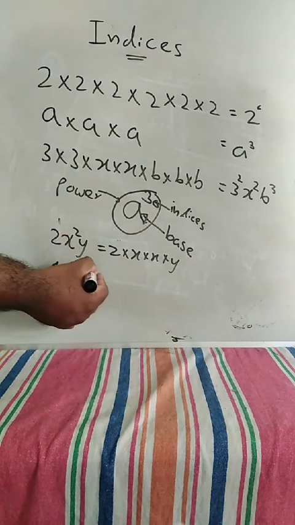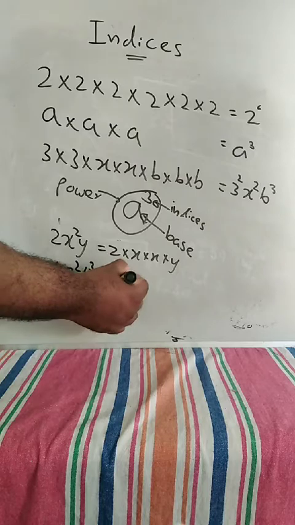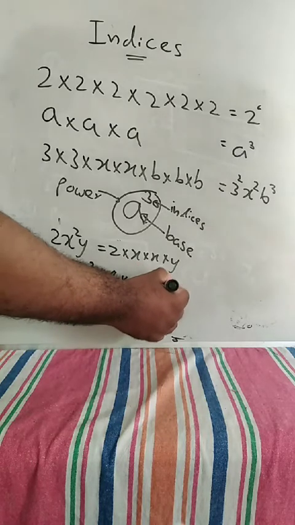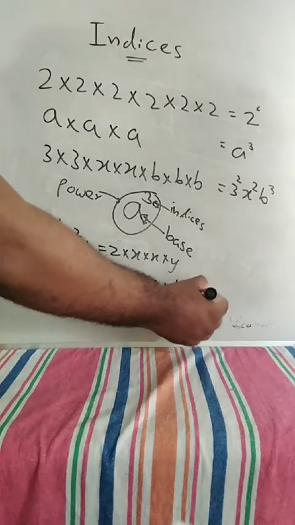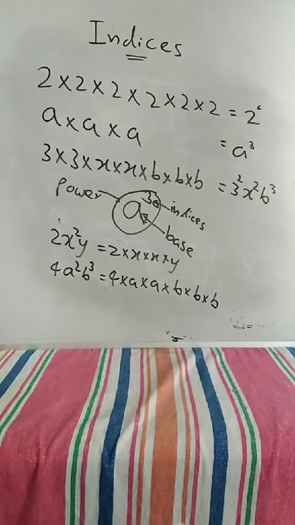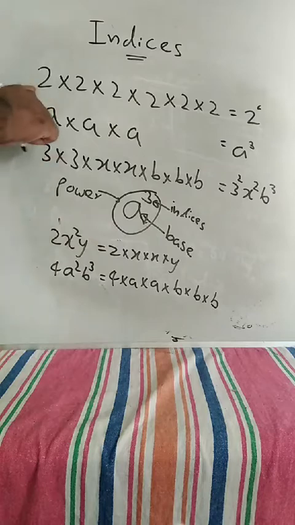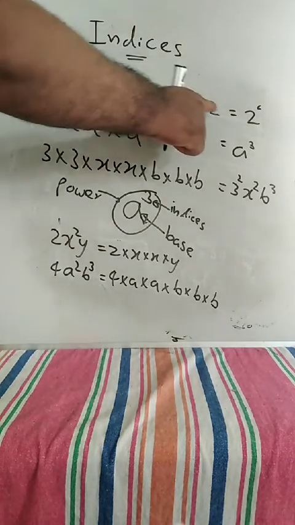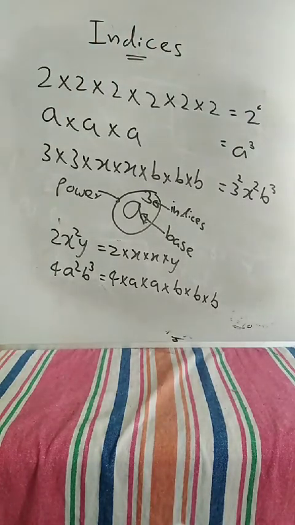The meaning of this is, when expanded, 4 into a into b into b. You should know that this is the expanded form, and this is the shortened form.